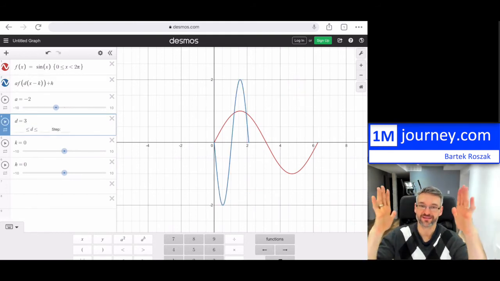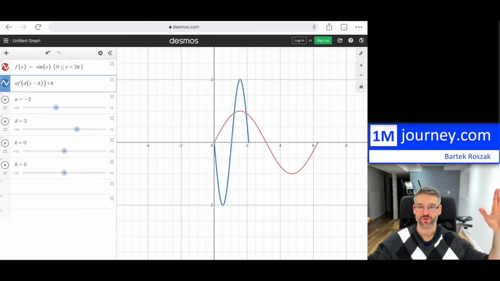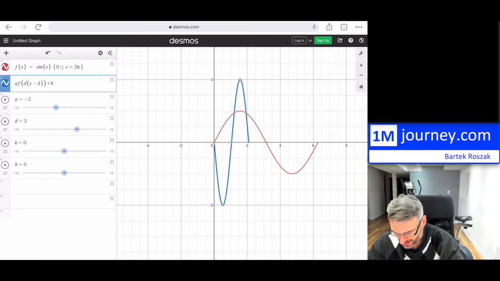So notice it compressed it in, and this point right here, hopefully it will maybe show it. Does it show? Let's see. Not exactly. I just wanted to show you that it's 120 degrees or 2 pi over 3. But that's okay. So that compressed it in. So that was my d.